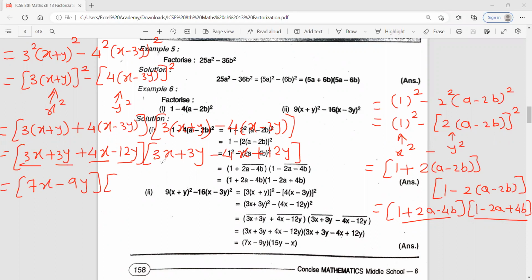And in another bracket 3x minus 4x होतात minus x, and 3y plus 12y होतात plus 15y. So finally I will be able to write like this, 7x minus 9y, and in another bracket 15y minus x.